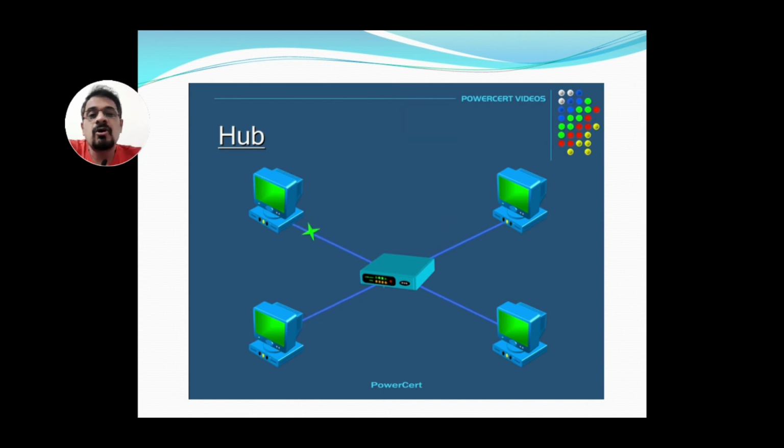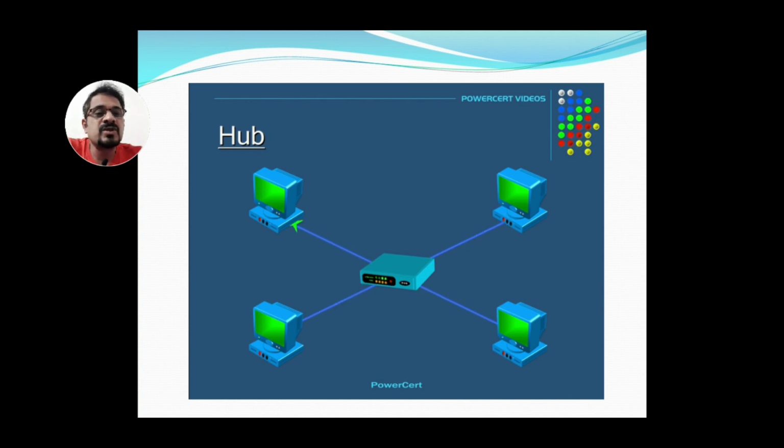Let me recap these 3 important networking devices. Majorly, for the physical layer we discussed hubs, for the data link layer we discussed link layer switches, and for the bottom 3 layers, including the network layer, we discussed routers. In the hub, we understood very clearly that it is broadcast in nature.